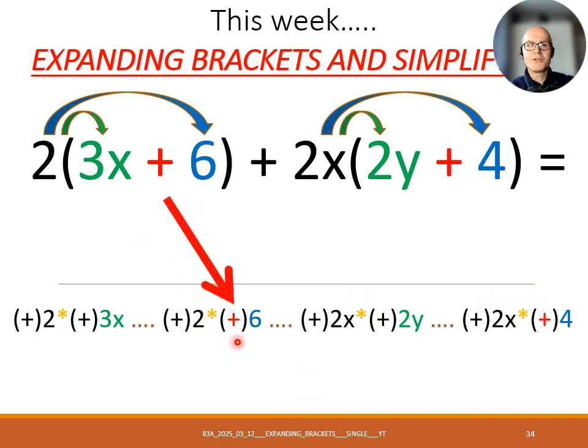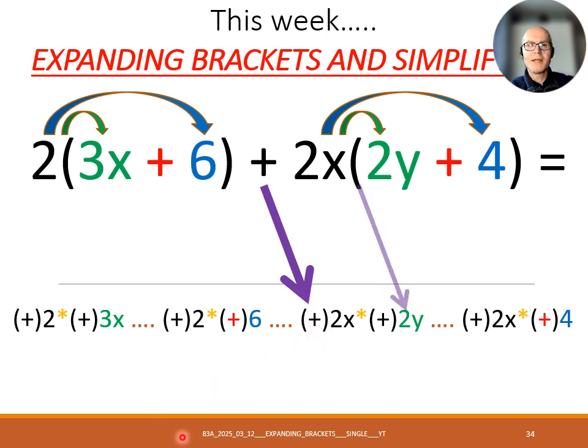Here's where the positive comes from for the positive 6, and here's where the positive comes from for positive 4. Here is where the positive 2x comes from, and that's the same for this 2x as well.